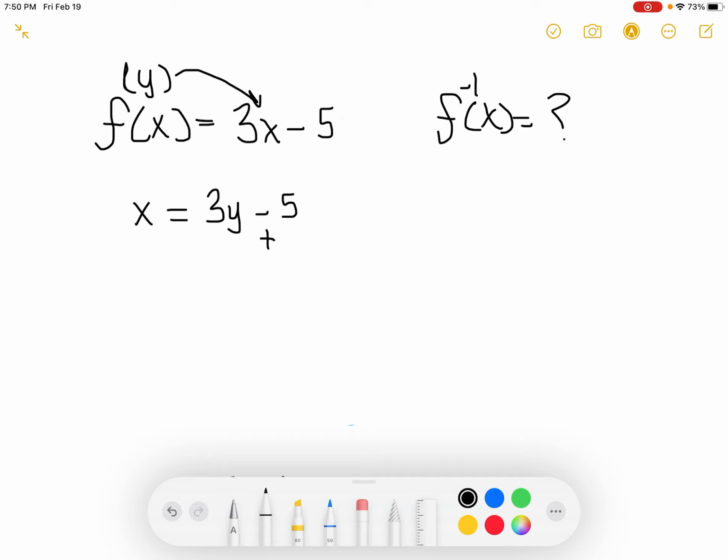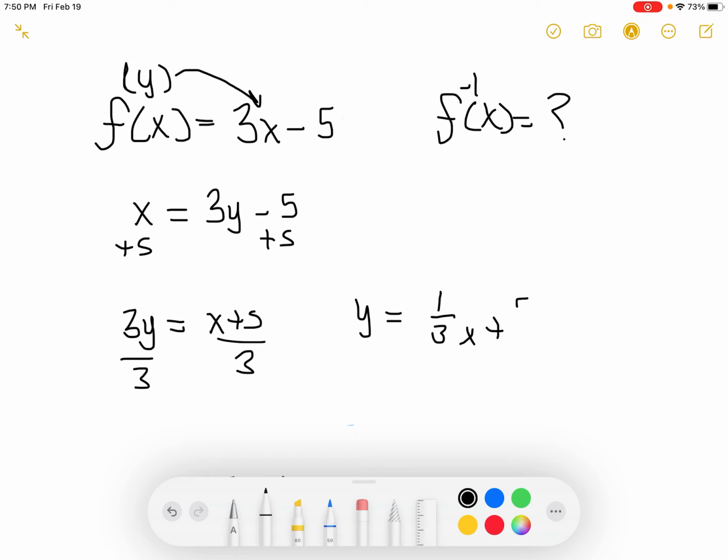Okay, so we add 5 on both sides. So now we get that 3y equals x plus 5. You divide by 3. And then you get that y equals 1/3 x plus 5/3.